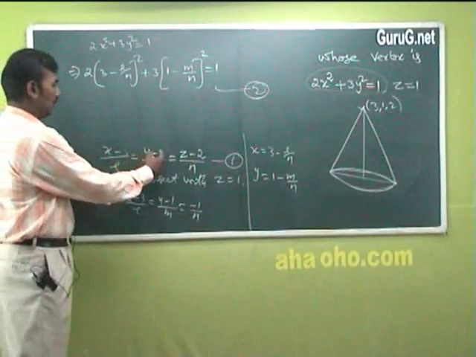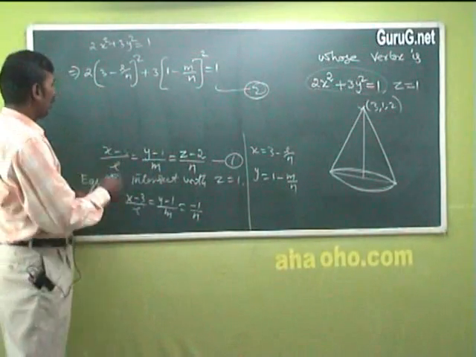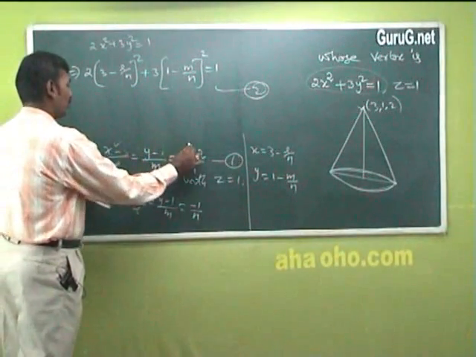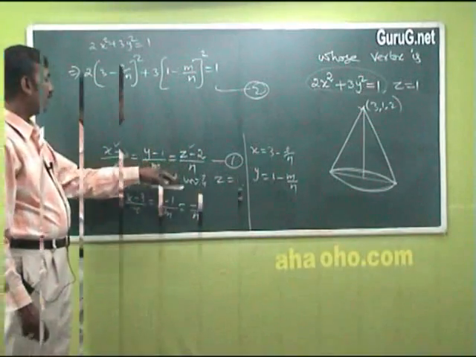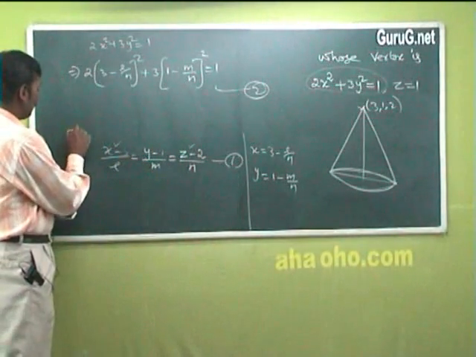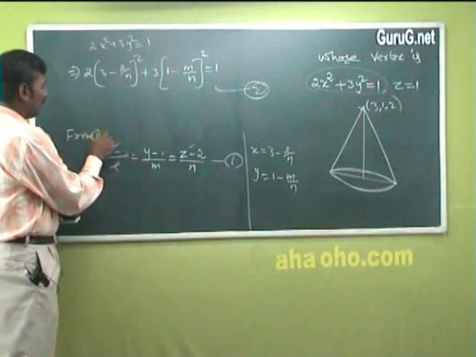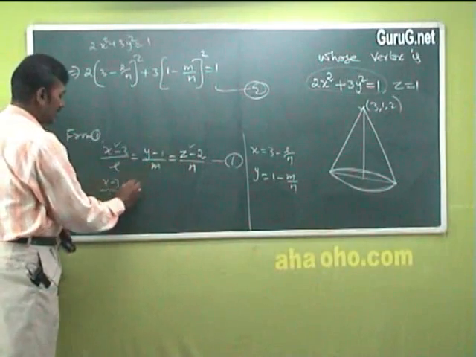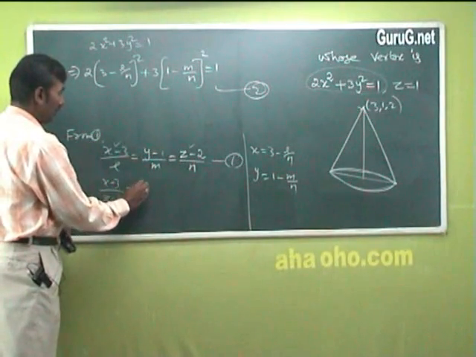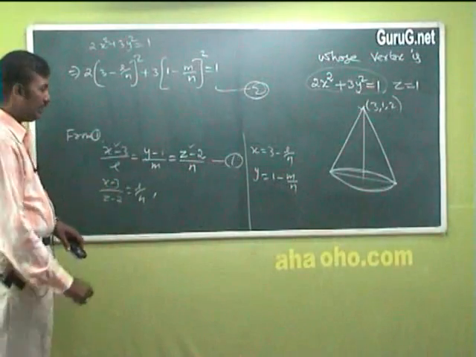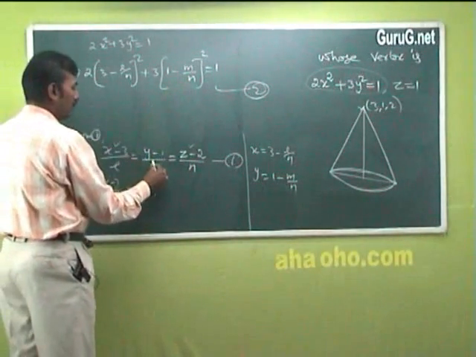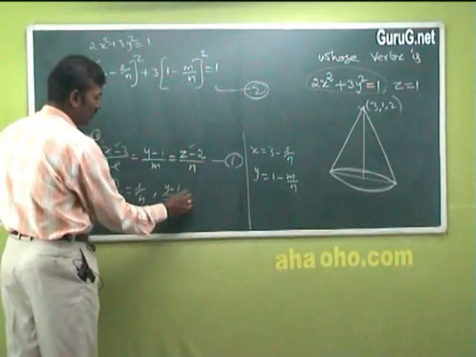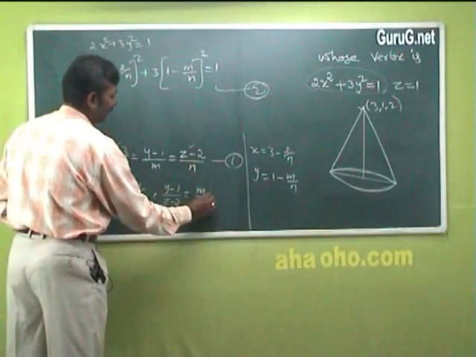From 1, compare: (x minus 3)/(z minus 2) equal to L by N, right? And then we need M by N: (y minus 1)/(z minus 2) equal to M by N, right?